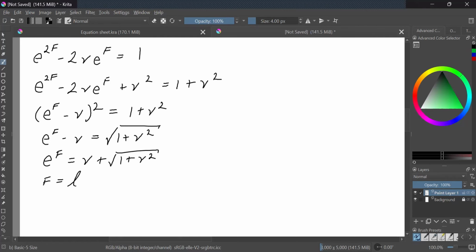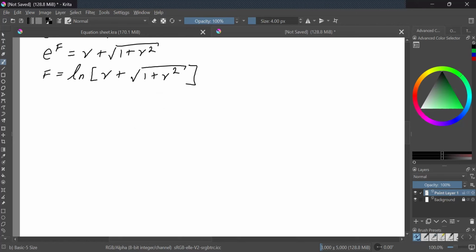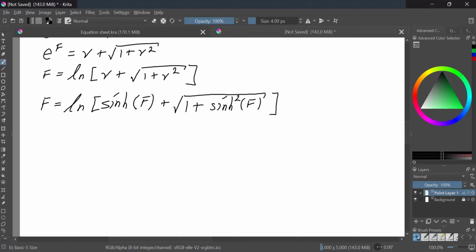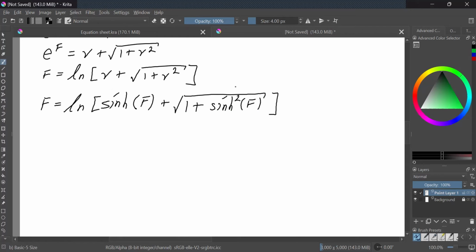Solving for f now, we have the natural logarithm of v plus the square root of 1 plus v squared. And actually, really quick, let me rewrite that. All right, so this is what it breaks down to when you take the v's and you replace them with the hyperbolic sines.